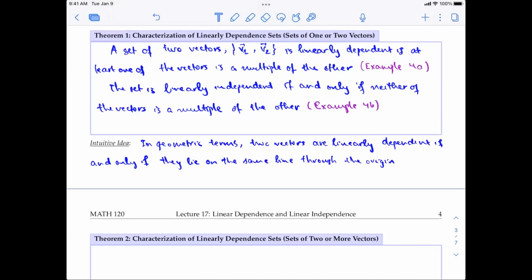And of course, you see this in example 4a.